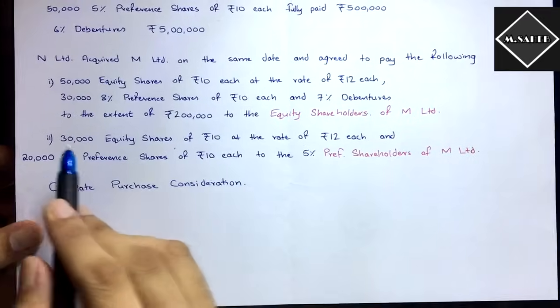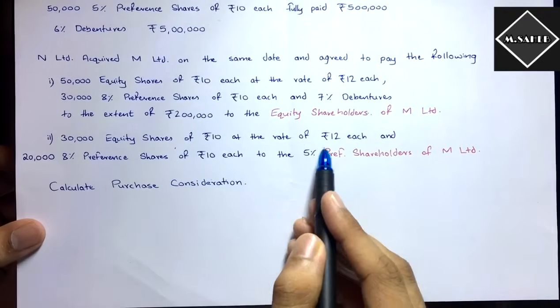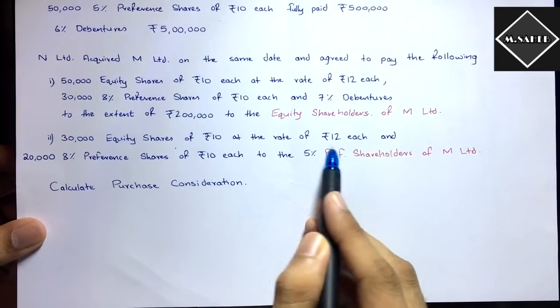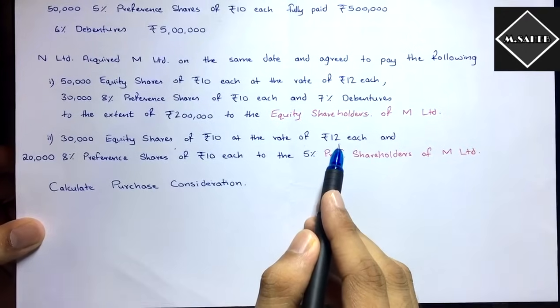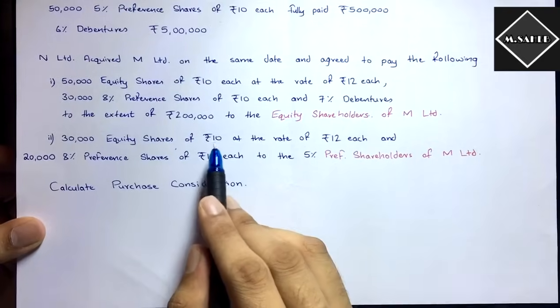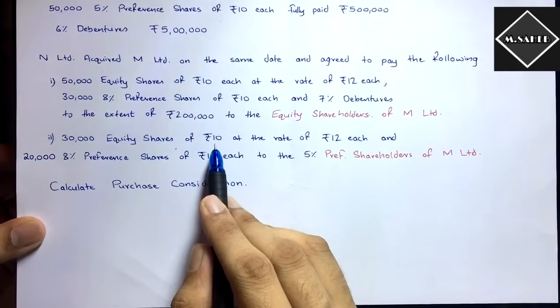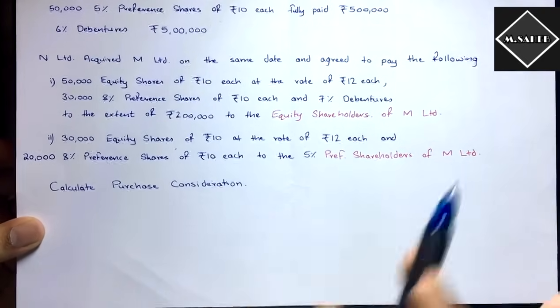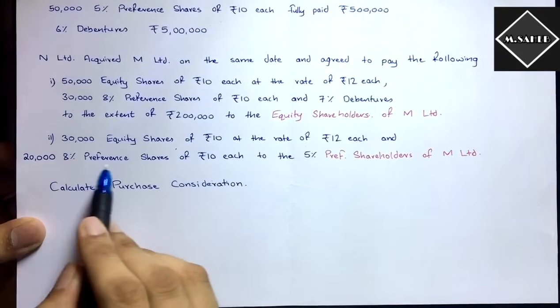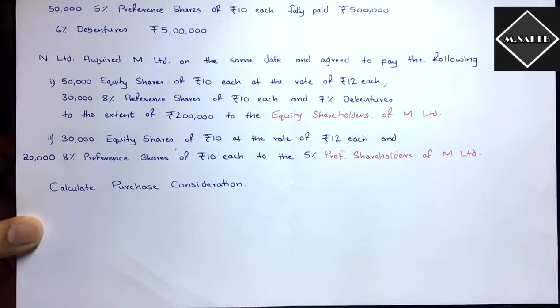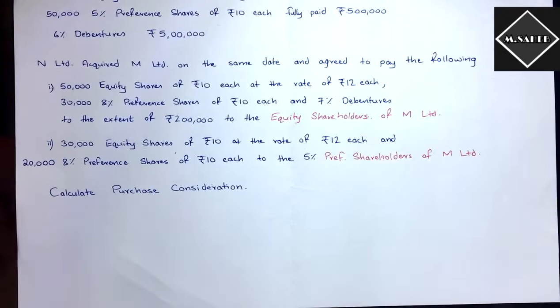What is given to them? 30,000 equity shares at rupees 12 each. You always have to take the issue price, not the face value. But if the issue price is not given, then the face value will be the issue price. So 30,000 equity shares and 20,000 preference shares are given to preference shareholders. Here two things are given to preference shareholders.